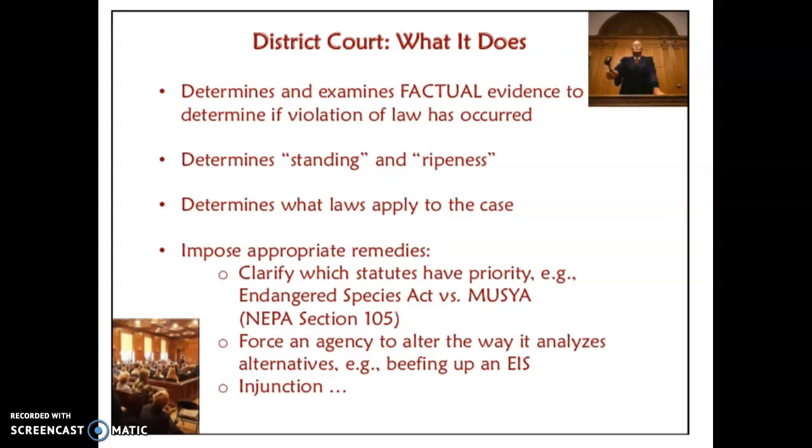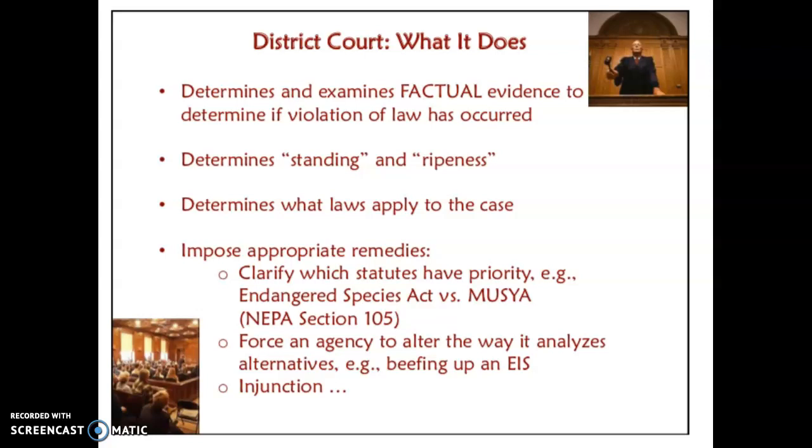And so they'll determine standing, so whether or not the plaintiff has a right to sue, and ripeness, which can be thought of as, when is it time for judicial review. So it also determines what laws apply to the case, and it can impose appropriate remedies. So it can clarify which statutes have priority over one another.